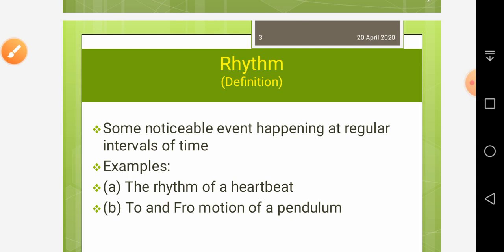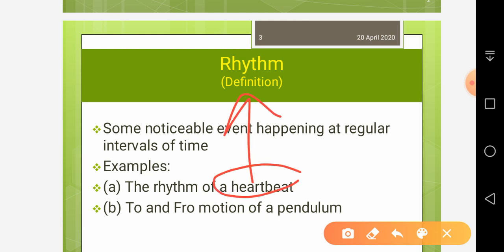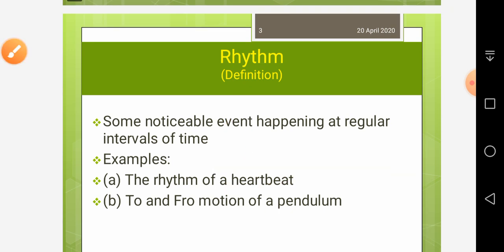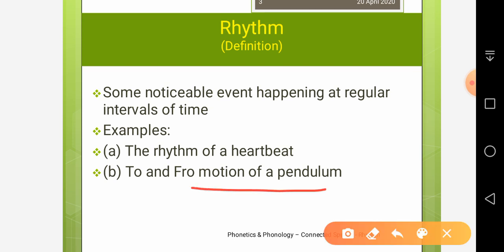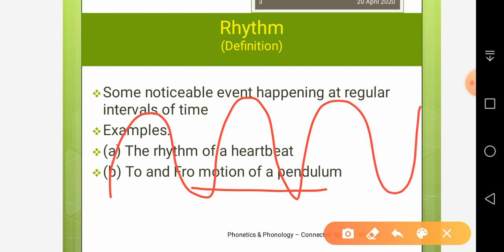As we can see, if we put our finger onto our wrist pulse, we can feel the flow of blood, that is the pumping of the heart. So I think the heartbeat has got rhythm. Same is the case with the to and fro motion of a pendulum. When something happens like this, at equal intervals, that is known as rhythm.